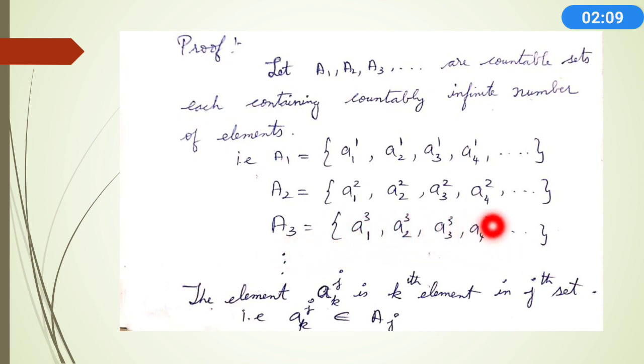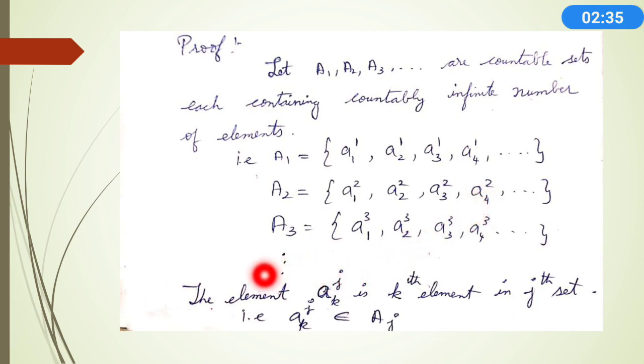So from this setup you can understand that if I take a2^3, then it is the second position element of the third set, isn't it? Let me take one more, a4^2. That means it is the fourth position element in the second set.